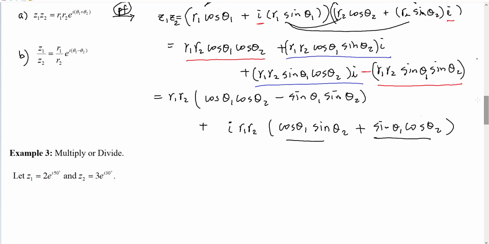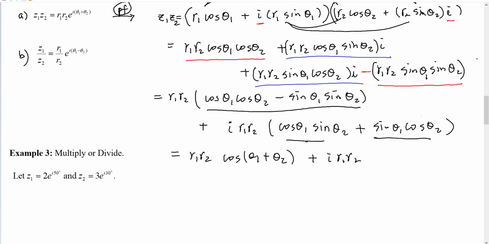So this gets replaced by R1 R2 cosine theta 1 plus theta 2, the sum identity of cosine. And then here R1 R2, this gets replaced by sine theta 1 plus theta 2. As you can see, R1 times R2 will be the absolute value of Z1 times Z2.